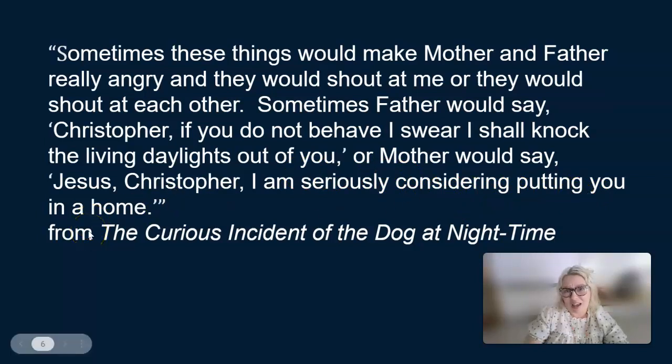That's terrifying, right? But the speaker doesn't feel that way. He is just saying, oh, this is sometimes what would happen. There's nothing in his language to show his tone is terrified or scared. All right, so the tone you might describe in this case as objective, matter of fact. Sometimes these things would make them angry, and this is what they would do. It's just stating things factually without showing much feeling, right?